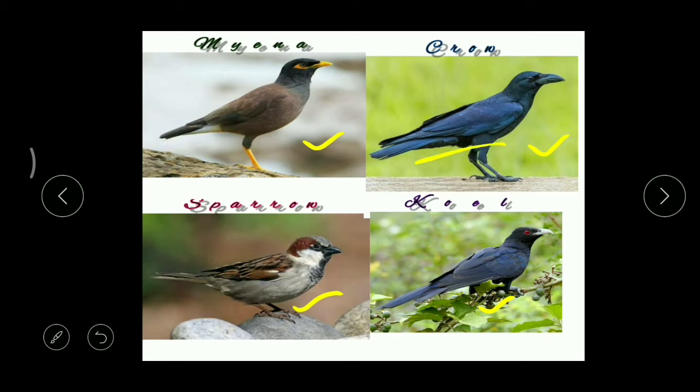Actually, nowadays we use the crow for one activity. What is that? Whenever someone dies in their home, they conduct one thing after 9 days and 11 days.